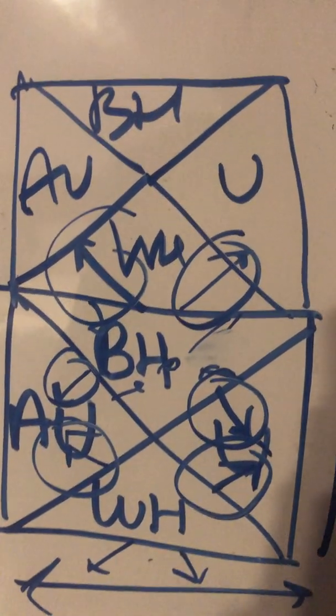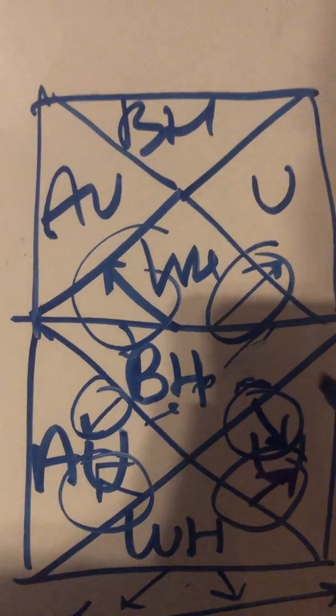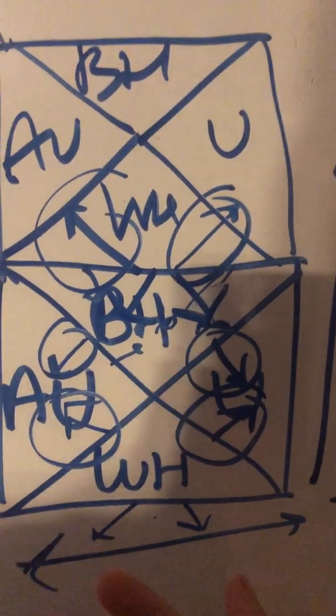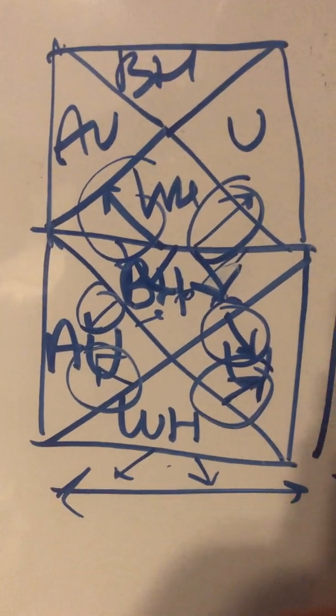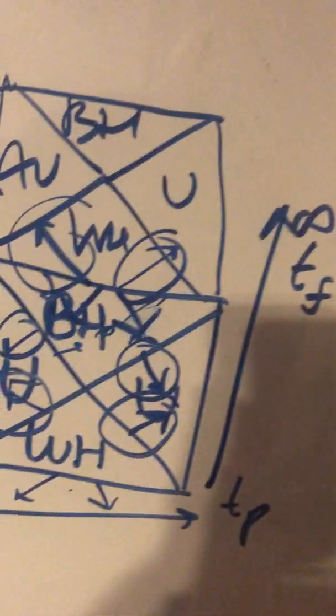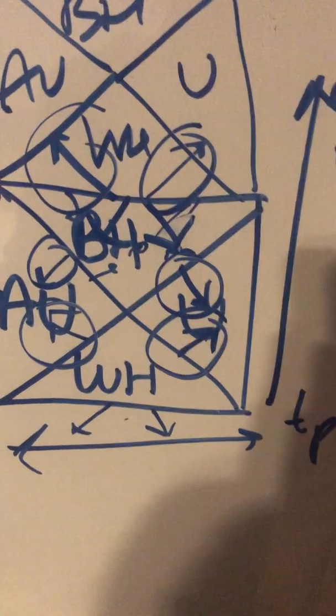the reason this is important is because clearly this white hole can behave like a black hole if you just flip this diagram. And that flip is a Wick rotation. The problem is that's a Wick rotation in plane.